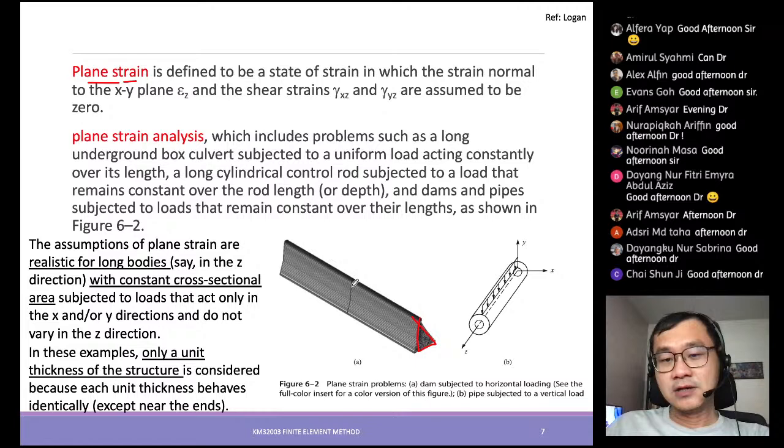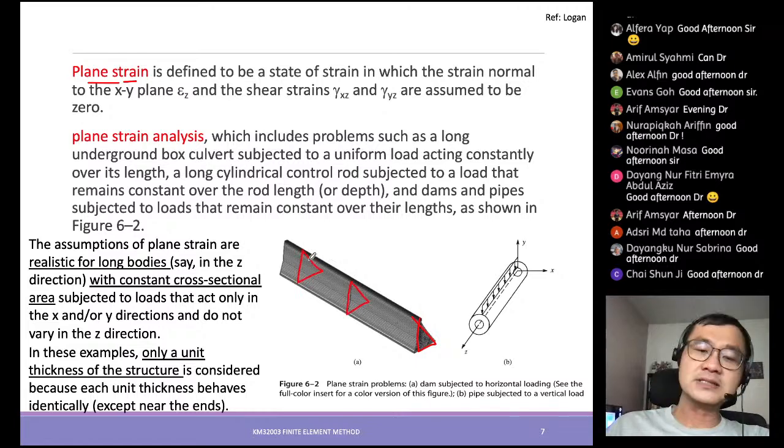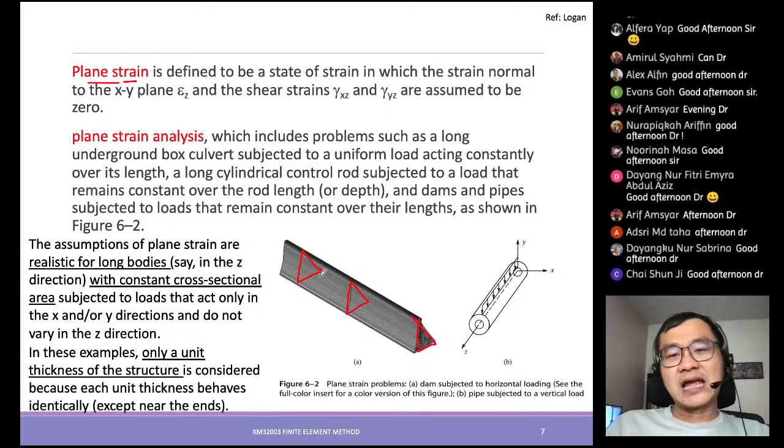So you can see that actually along this so-called cross-sectional area, the state of strain normal to this xy plane, where there are changes and so on, actually can be considered as 0, right.